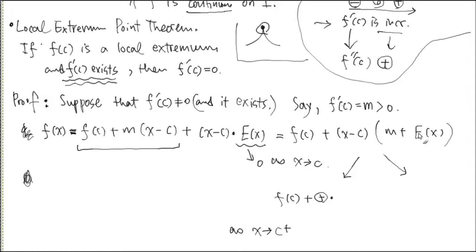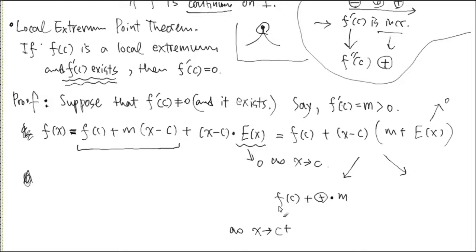Doesn't matter how small it is, it's a positive number. And what is happening to e in there? e is approaching 0. So would you believe that as you approach c, this m, a positive number, plus almost 0, is approaching almost m? Right? That's the limit laws, right? So altogether it's approaching 0, but it remains positive. Is that right? Because m is positive.